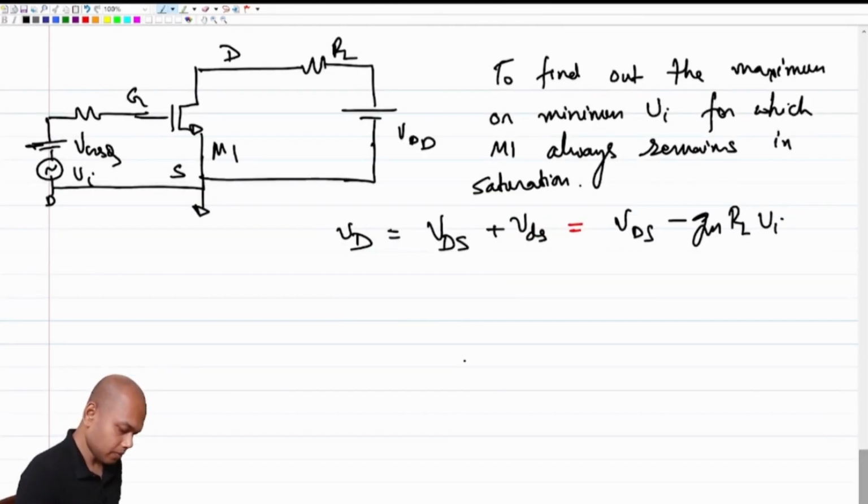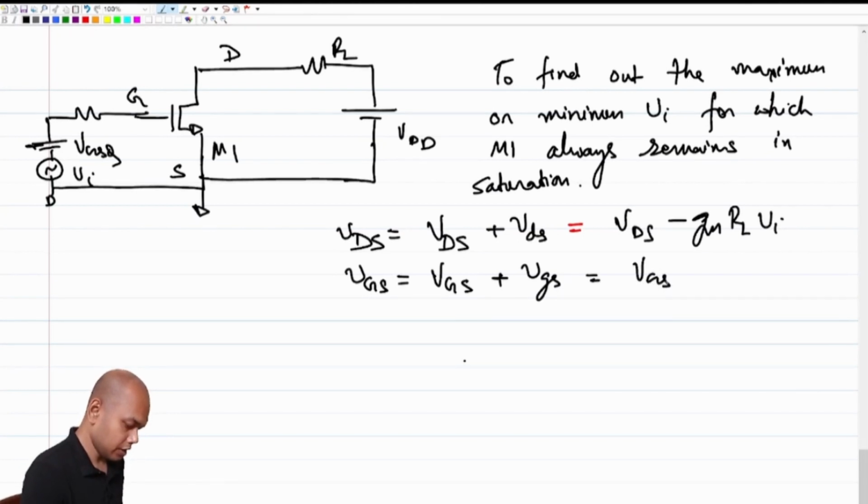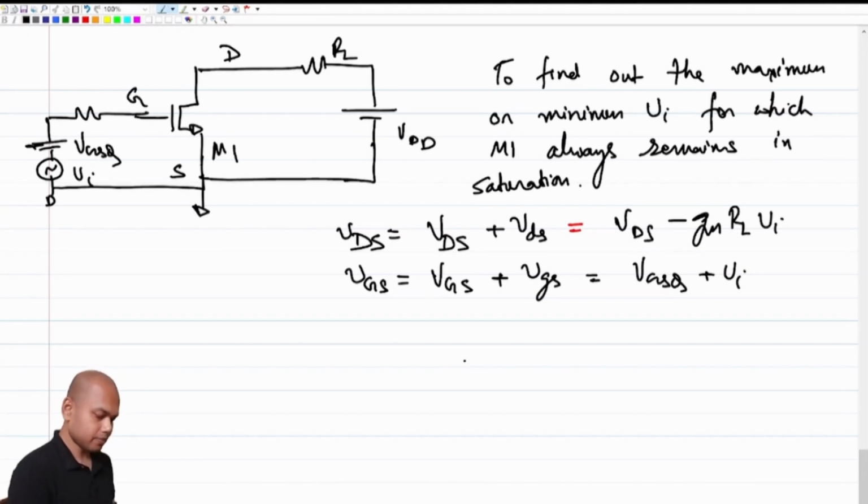Okay, so this is VDS, right? Similarly, what is the total VGS? Total VGS is VGSQ plus small vgs, which is equal to VGSQ, the one that we have applied, plus Vi.